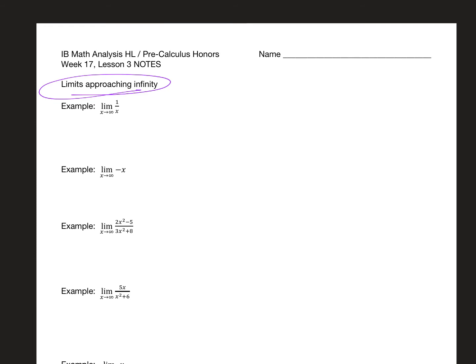For example, on number 1, if we let x be really, really big, millions, billions, trillions, the bigger that denominator gets, the smaller the whole fraction gets. If you have 1/2 versus 1 over 1,000, we're getting closer and closer to 0.